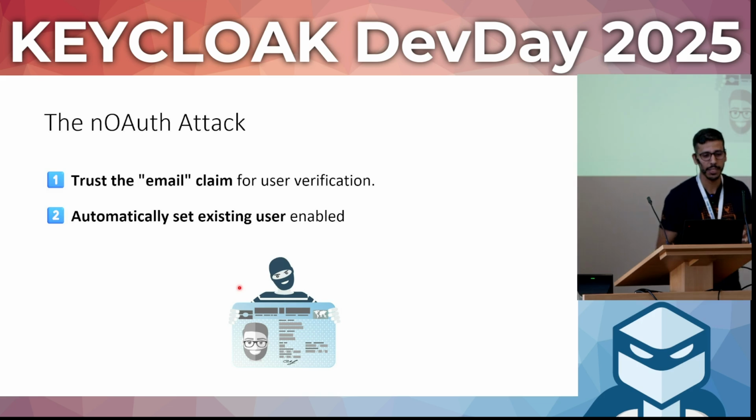In order to exploit the no-OAuth vulnerability, there are two prerequisites. The first one is that, as an identity provider, I need to trust the email claim and use it directly as a username or for user verification, and automatically merge the accounts if the user already exists in the IDP.